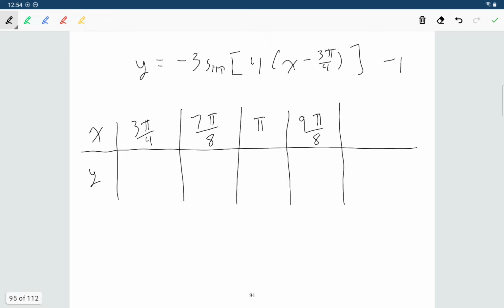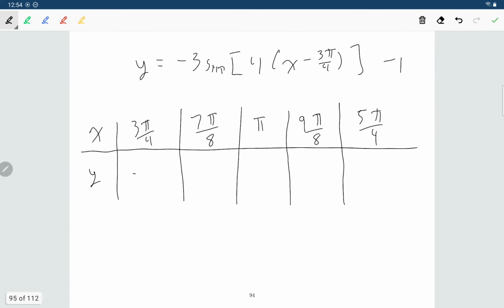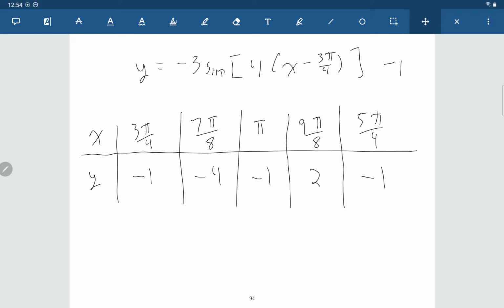When we add those together, we get 5 pi over 4. There we go. We've got all of our x values. And now for all of our y values, taking those y values and subtracting 1 from every one. So -1, then -4, then -1, then +2, then -1. All right, so we've got our 5 key points.